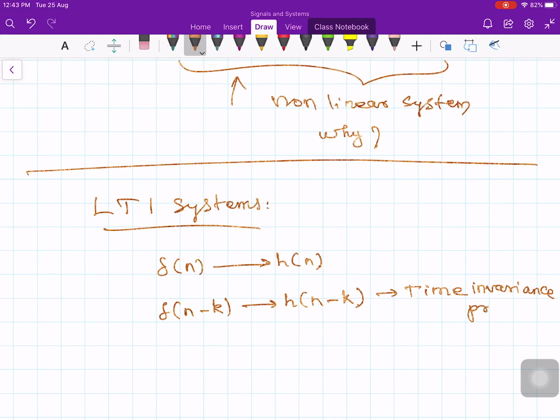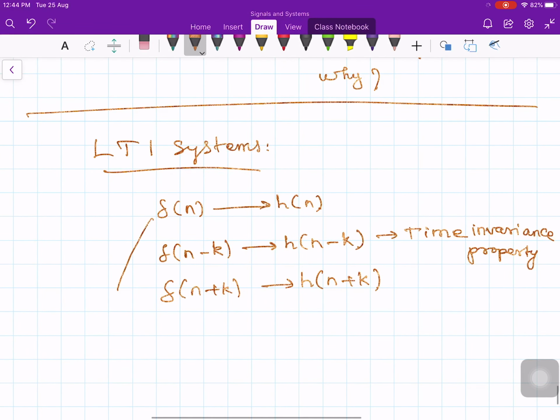Even if you advance the sample by k units, then also it gives output with the same amount of advancement, h of n plus k. Now, if I multiply one signal by some number, let us say a times del of n gives rise to a times h of n.